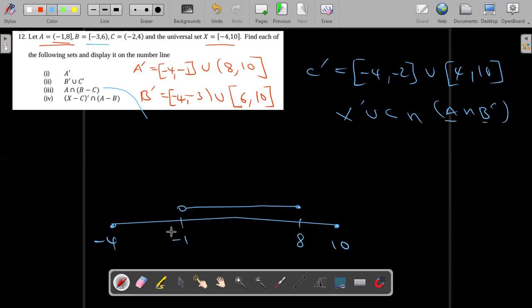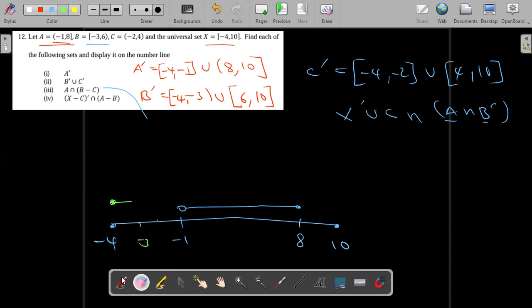B complement is this one in the question, which I found, which is from negative 4 to negative 3. Let's say negative 3 is here, like this. So this is going to be here, there to there. Is it open there? Yeah, it's actually open here.